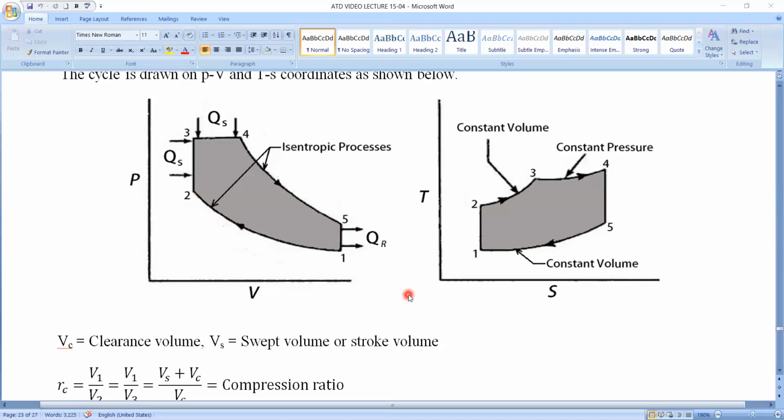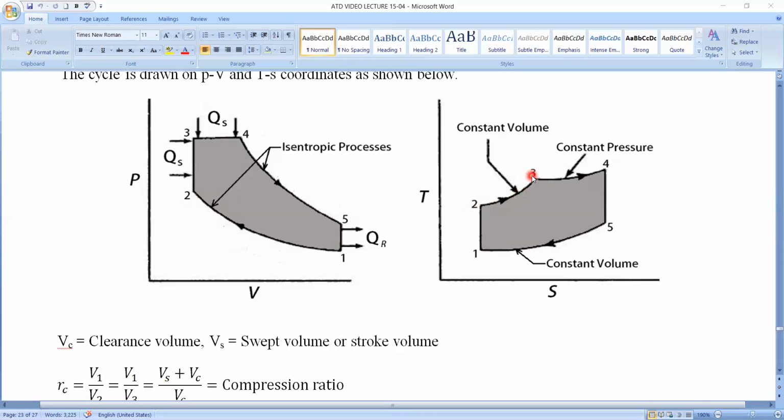Now how to draw the same diagram on TS coordinates, that is the temperature versus entropy diagram. The process 1 to 2 is isentropic compression, which is represented by a straight vertical line. The process 2 to 3 is heat addition at constant volume, represented by a curved line.